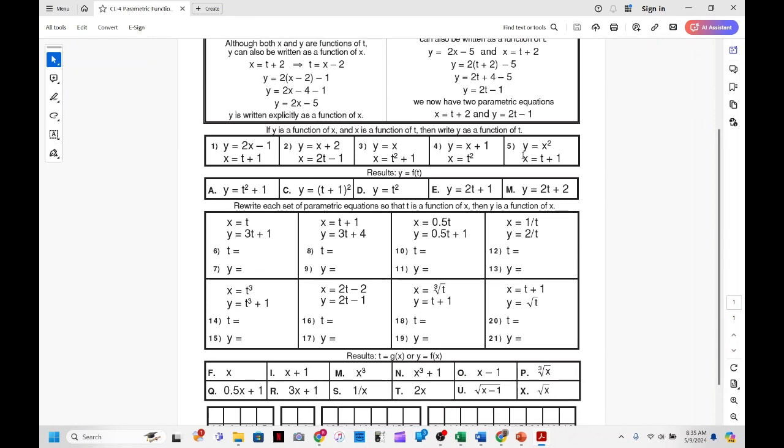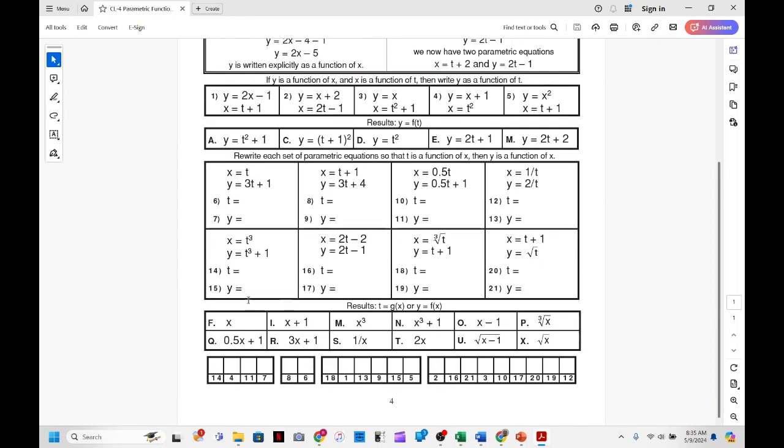For 1 through 5, they're having you express y as a function of t and match one of these 5 answer choices. In these other problems, you're actually doing 2 problems for each of these sets of parametric equations and matching them with these answers down below, F through X. All right, with that in mind, let's see where this leads us.